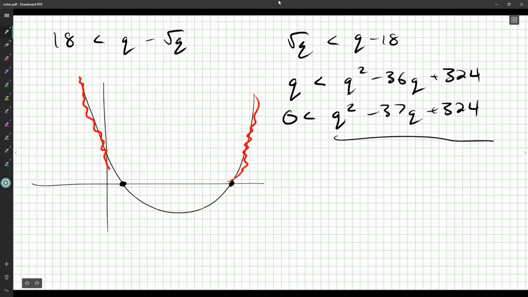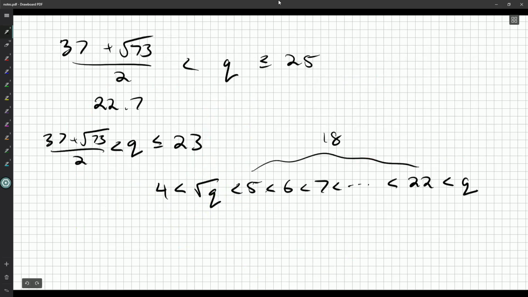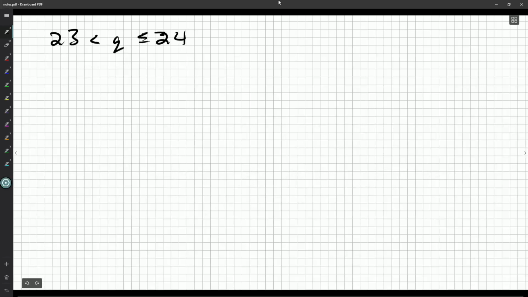Well, hold on, I thought we chose this so that 18 wouldn't happen. Did we screw up? Maybe you just can't have q's that low, because if I bump q up to be more than 23, but say less than 24, because that's still in our range, we can go all the way up to 25, the root q will still be less than 5, but now the biggest thing that's less than q is 23.